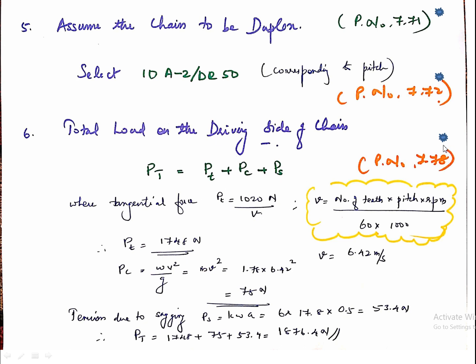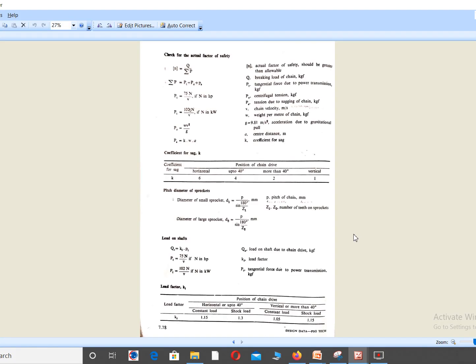Now to find these values, you can directly go to page number 7.78. On page number 7.78, you can see the equation P is equal to PT plus PC plus PS, and the PT value, or the tangential force, can be found using this equation.